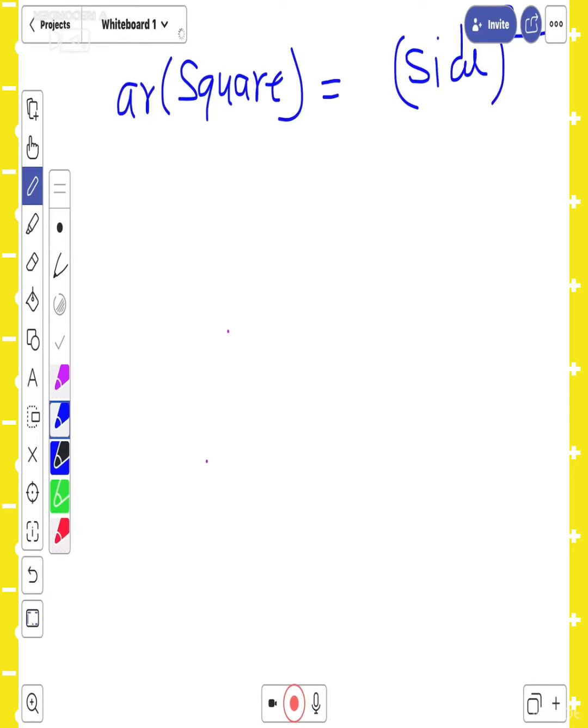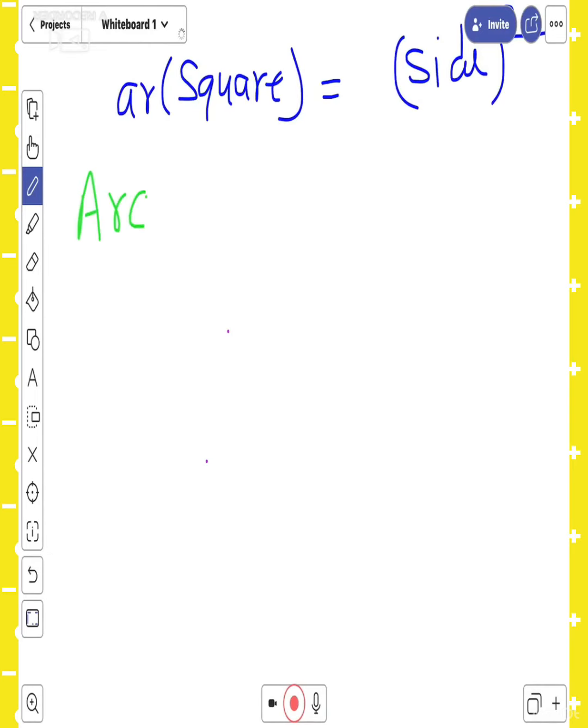So how can you find the area of a hexagon? Area of a regular hexagon.